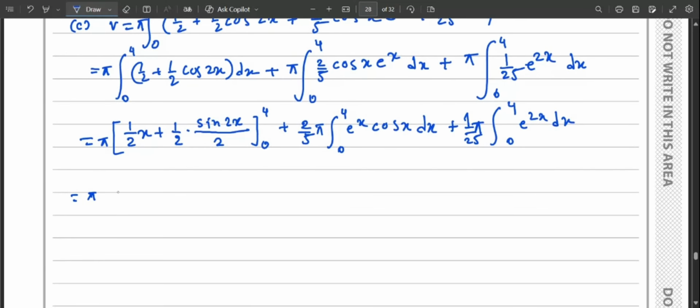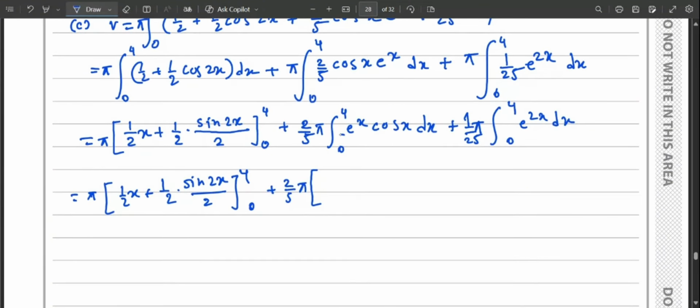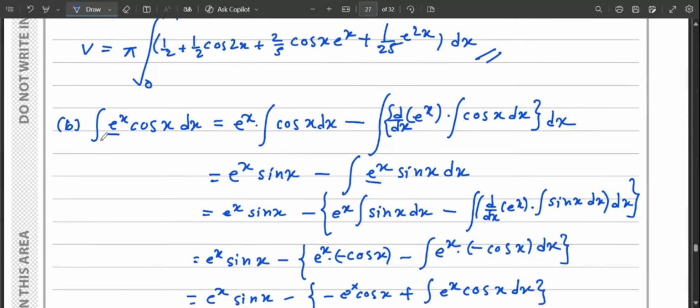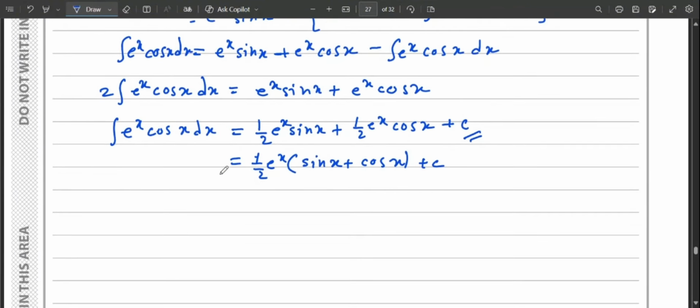Again, I can write it down: pi times half x plus half times sin 2x divided by 2, with our limits 4 and 0, plus 2 by 5 pi. The integration of this will be equal to, we can see that this expression is exactly the expression we integrated in our part B. In our part B we integrated the same expression, and we calculated the answer.